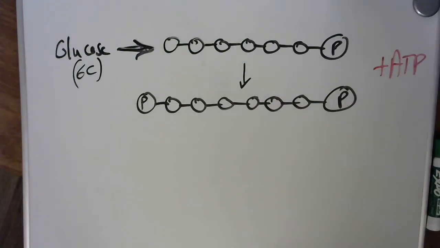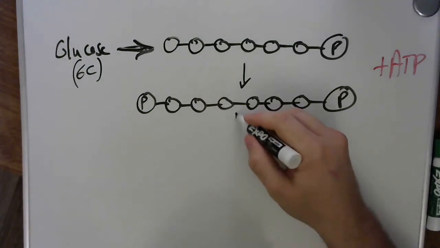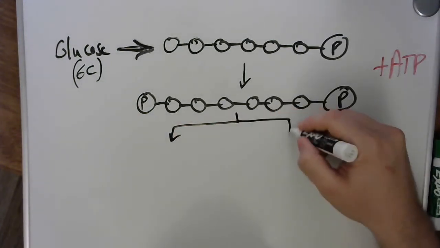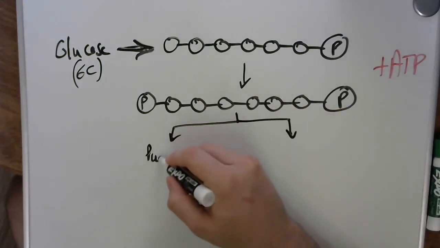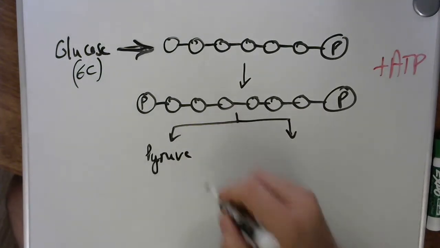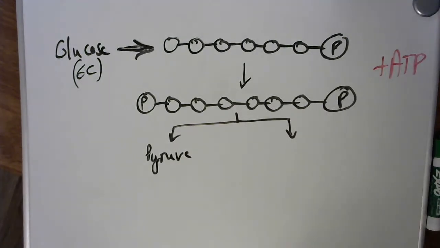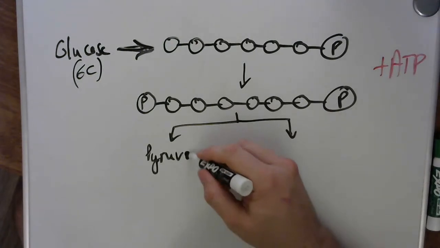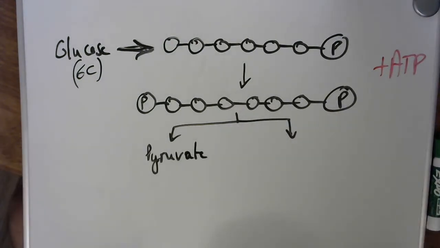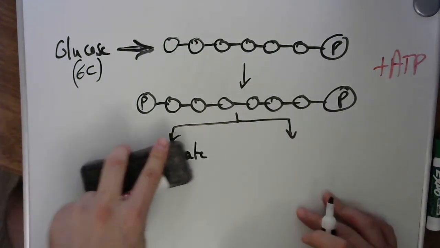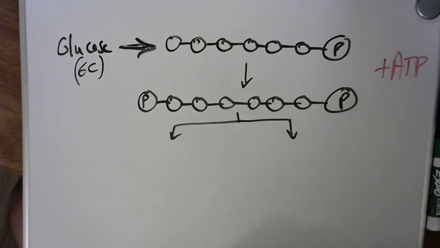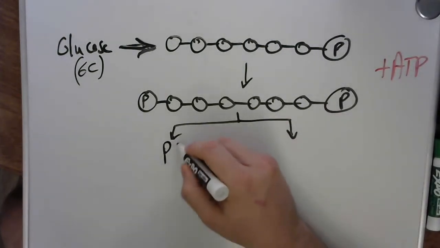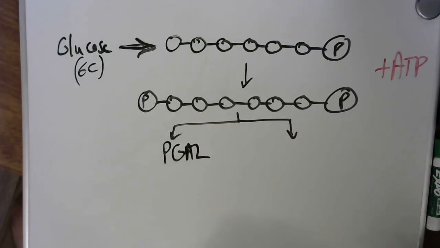That's what's happening here. And then the next thing you need to understand is you break those two apart and you make pyruvate. Although it's not pyruvate directly, right? That's the end of the process. I say pyruvate because that's in our output, but you start with what we call a PGAL molecule, right?